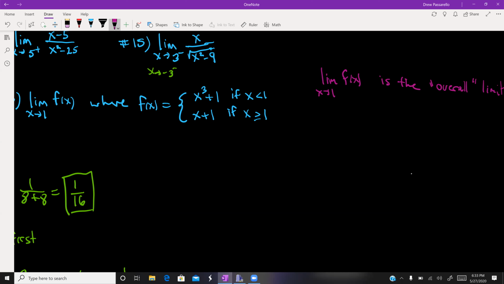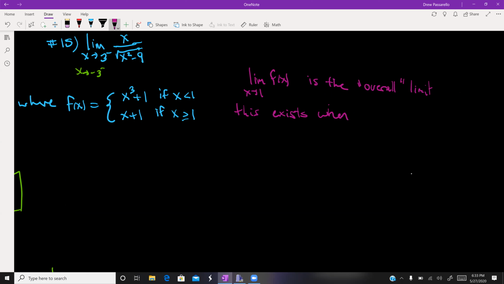Now the overall limit exists when the left-hand limit equals the right-hand limit.